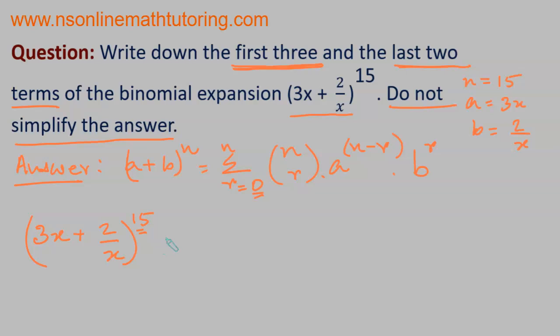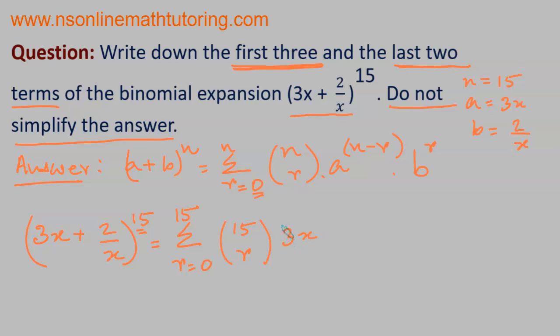So, this will be equal to sigma r is equal to 0 to n. n is 15. nCr, that is 15Cr. a is 3x.